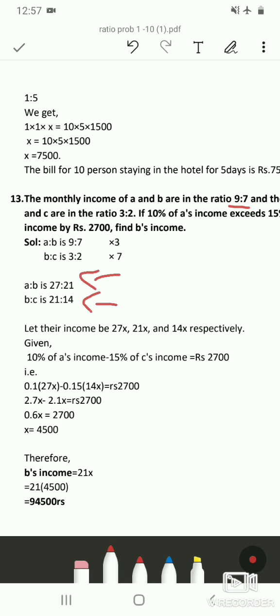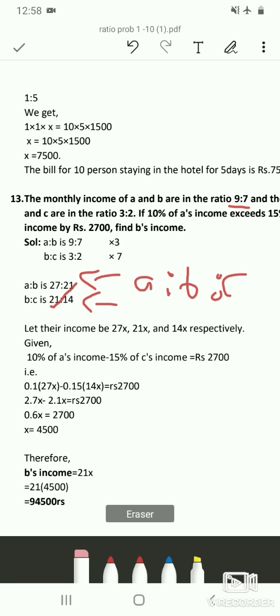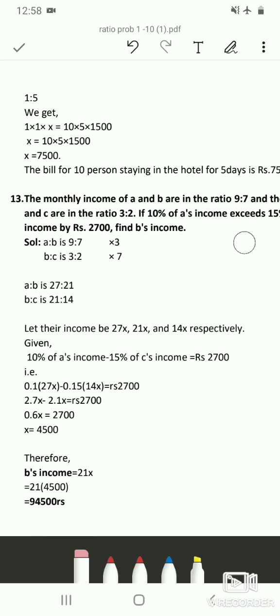Because we can now write A is to B is to C as 27 is to 21 is to 14, since B is the same in both cases. So we can express it as a continued ratio, which is 27 is to 21 is to 14.